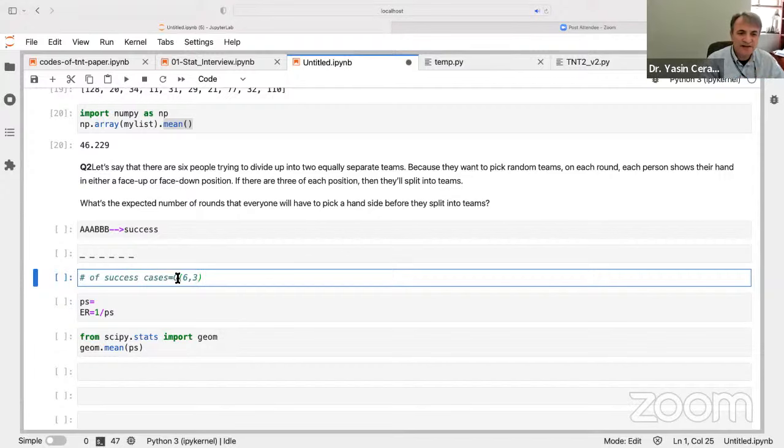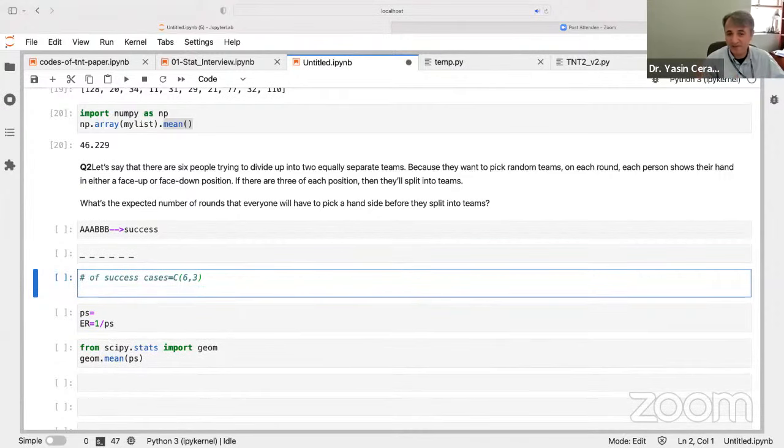So the next thing is how many total cases we have. We have 6 positions. Each position can be either A or B. The first position can take either A or B, the second position, the third position, so basically it is 2 to the power of 6. So I have 2 to the power of 6 different combinations of A's and B's.